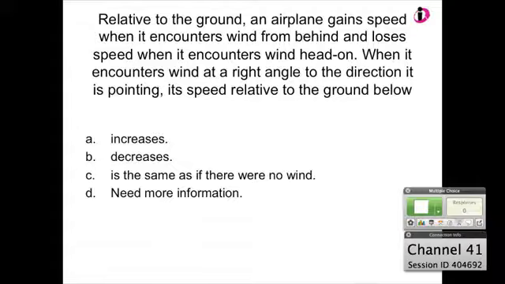Give you a chance to read it. For those of you that it doesn't make sense, you're flying in an airplane. If the wind blows from behind you, you go faster. If it blows in front of you, it slows you down. What if it's coming at a right angle to you? What if the wind's blowing at me from you while I'm moving this way, at a right angle? What will that do to my velocity?